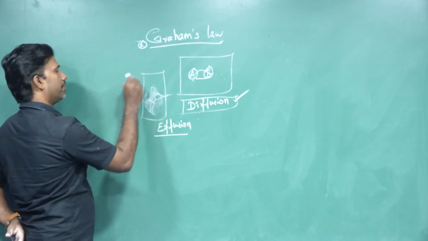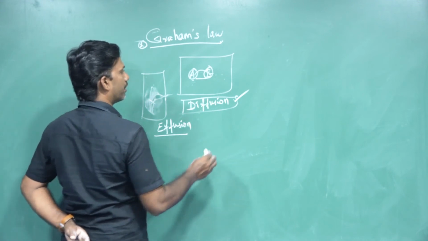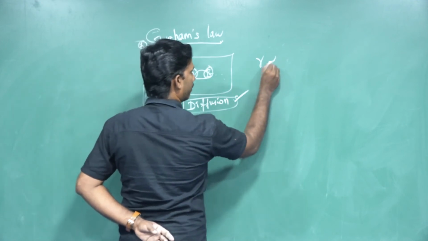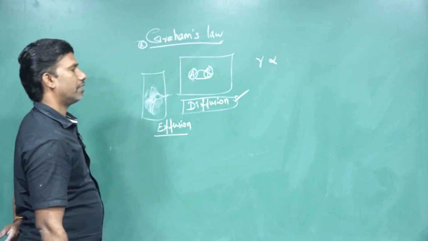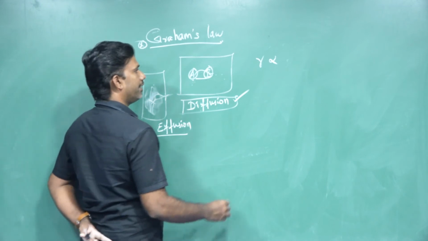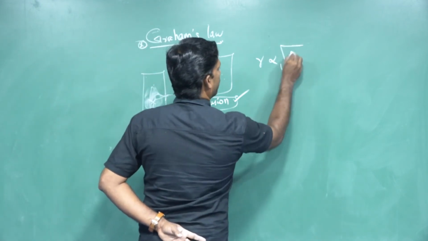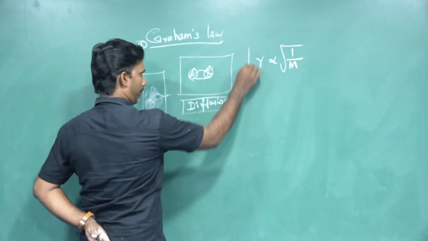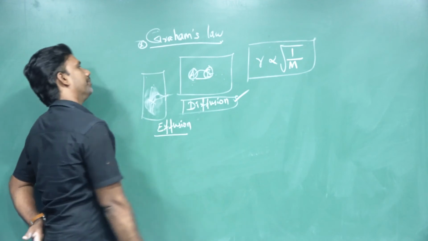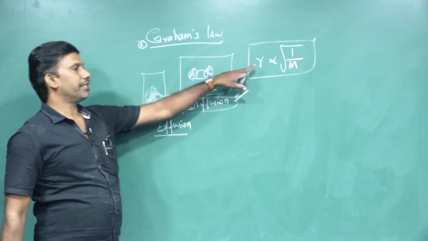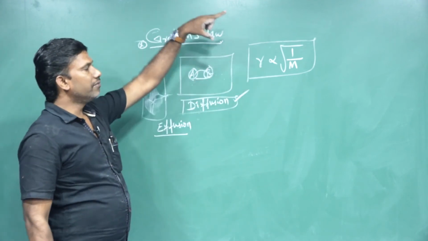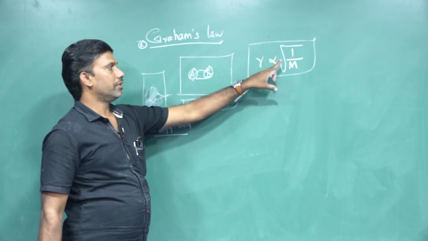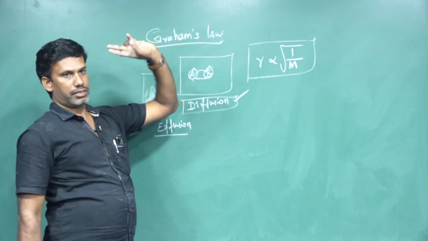So Graham came to the conclusion that the rate of effusion or diffusion is inversely proportional to the square root of the molecular mass of that particular gas.